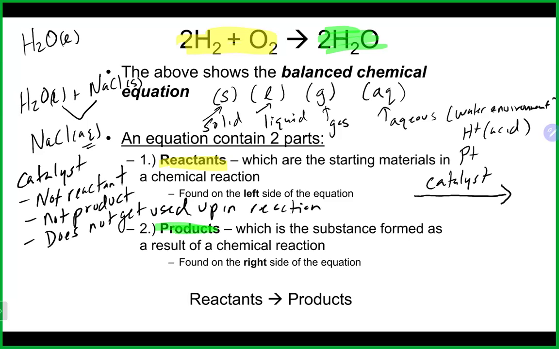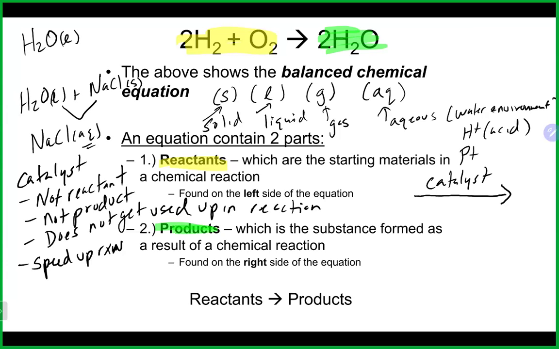Really, the only thing that a catalyst normally is there for is it will typically speed up the reaction. So very commonly on top of the arrow, you'll sometimes see things written, and that's just there as a catalyst that will oftentimes speed up a chemical reaction. Again, it's not a reactant or product.